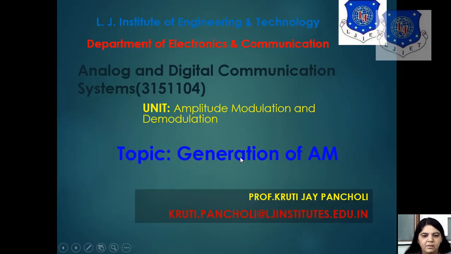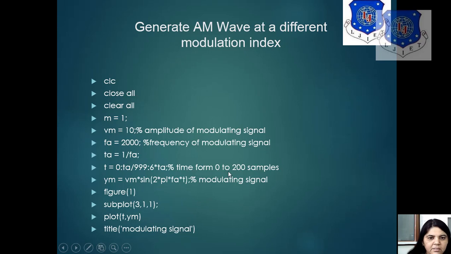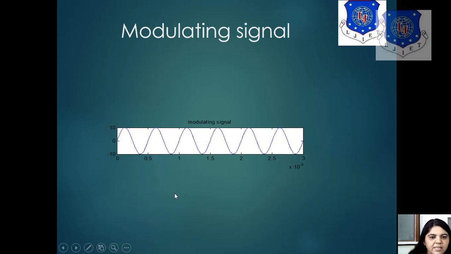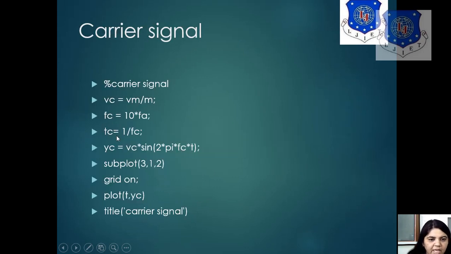So now here is the code for the modulation index values, okay, m equal to 1, which I specified, and by using that you can have the modulating signal. For the carrier signal, Vc is equal to Vm upon m, and Fc frequency is higher, so 10 into Fm.